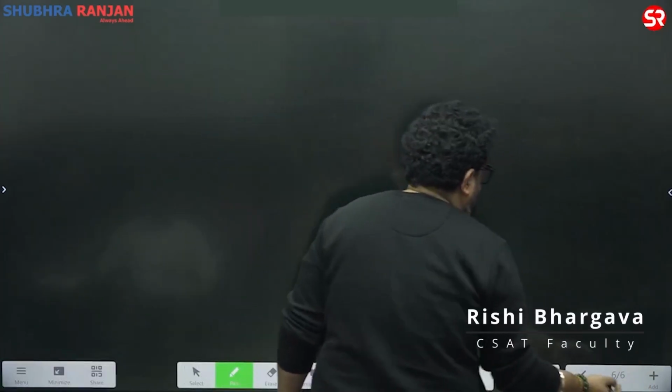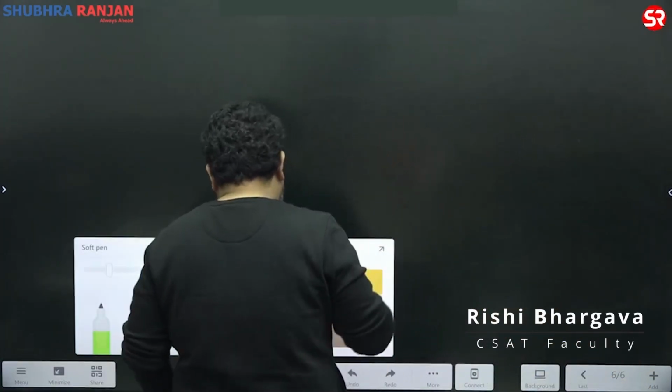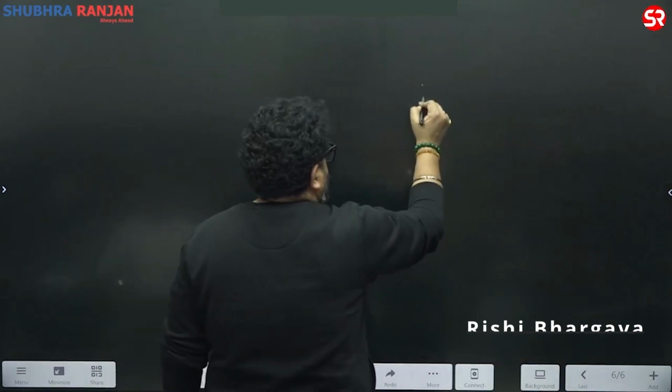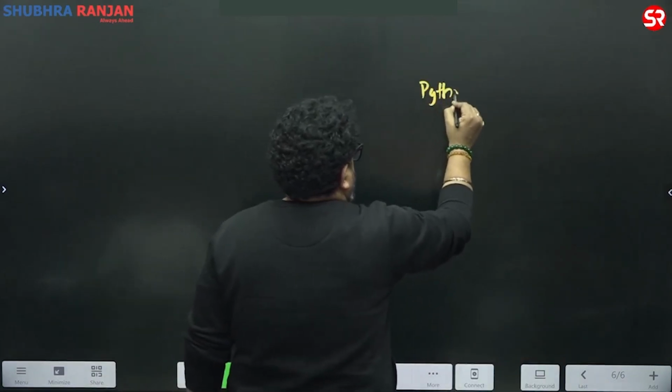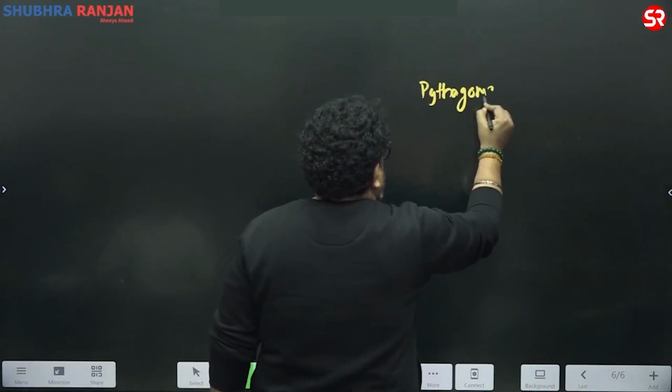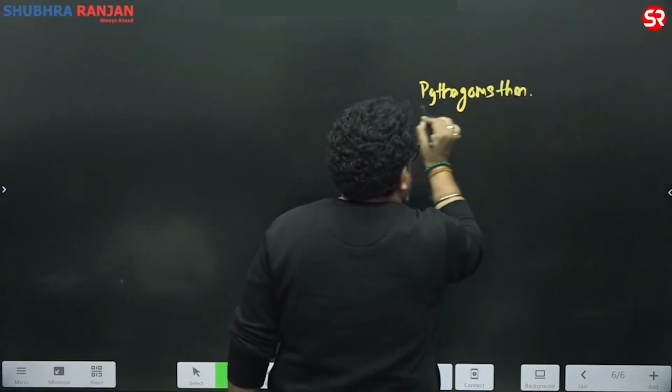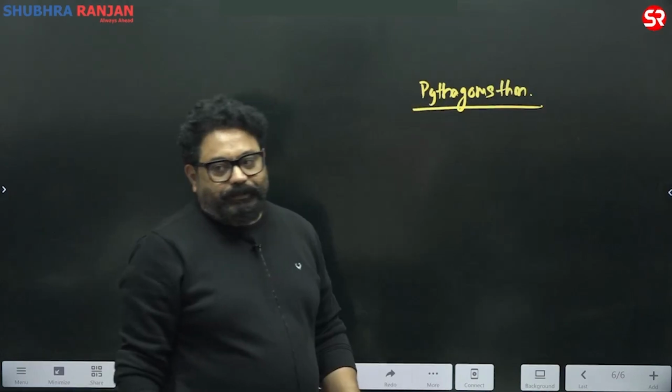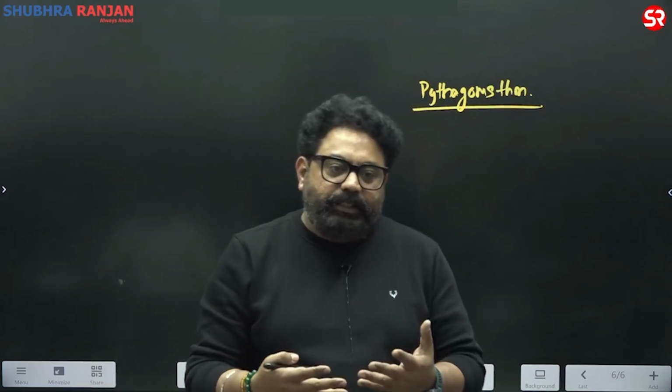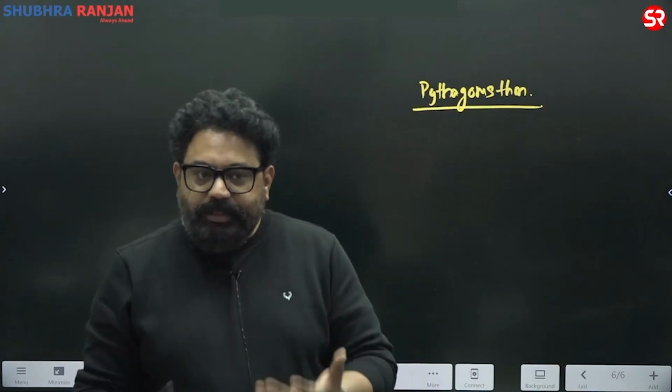Right angle triangle geometry. So Pythagoras theorem. Now Pythagoras theorem is about a right angle triangle, right?